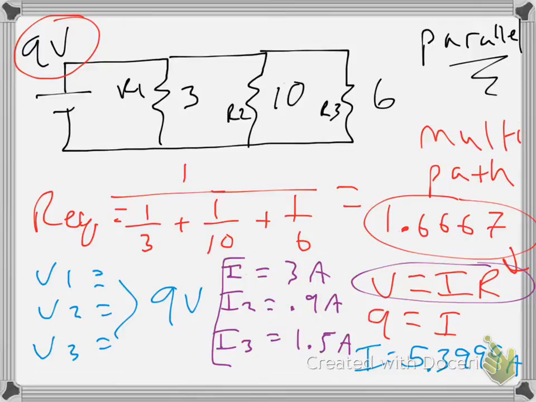But I really want to show Kirchhoff's junction rule. So I had 9 volts and I had basically 5.4 amps come into this junction. 3 of it went that way, meaning 2.4 had to go that way. So now I have 2.4 amps coming into this junction. 0.9 of it went that way, meaning 1.5 of it had to go this way.